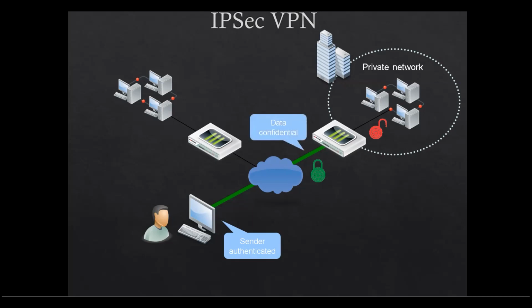Data confidential, yes, because it is going through the tunnel, and the tunnel is providing that safety and security. Data integrity, since the traffic is going inside the tunnel, nobody can tamper with it, nobody can touch it, nobody can modify it, nobody can add something to it, right? So data integrity is also being followed.